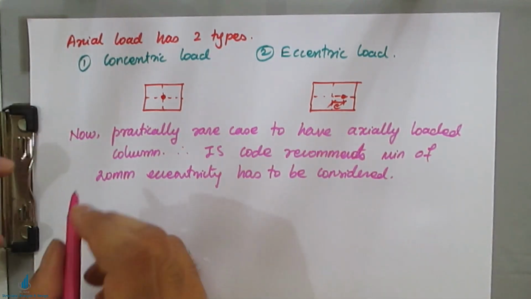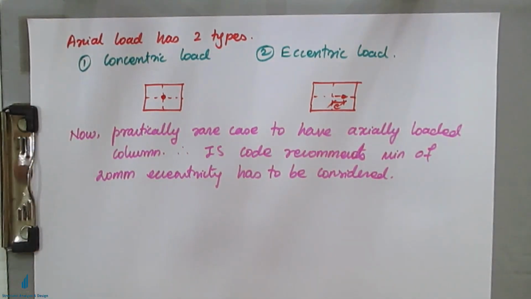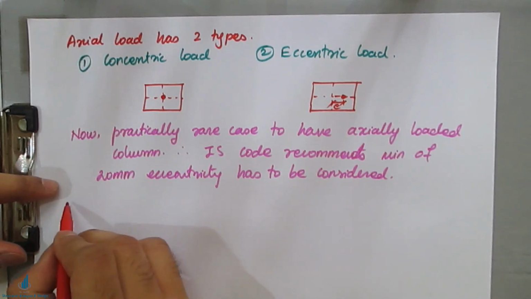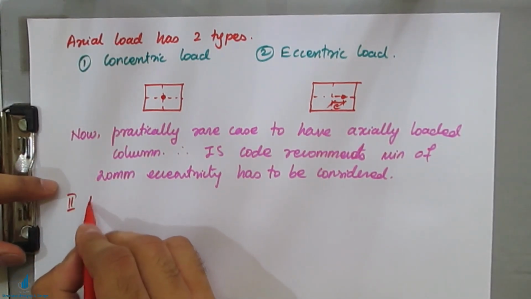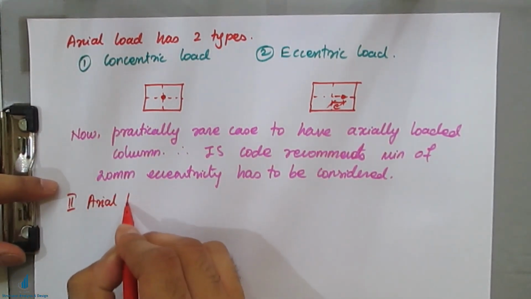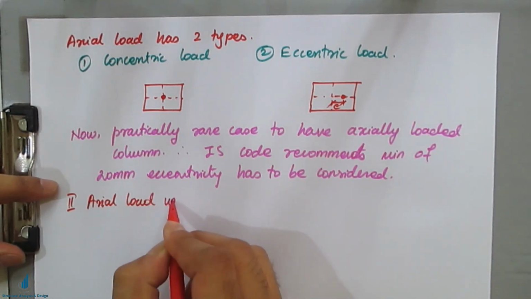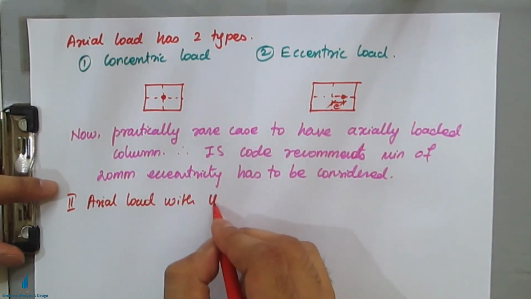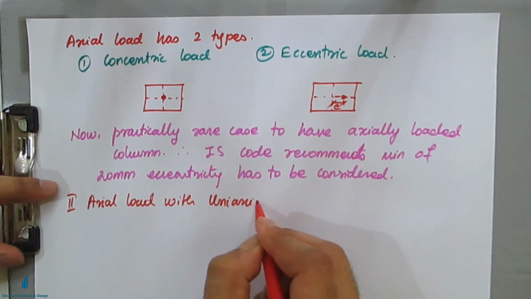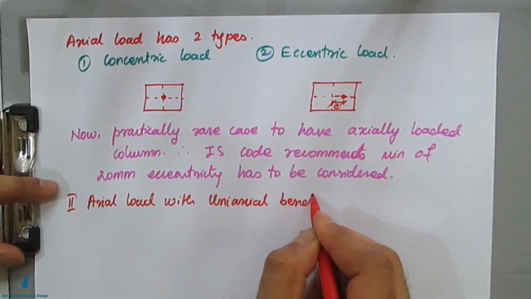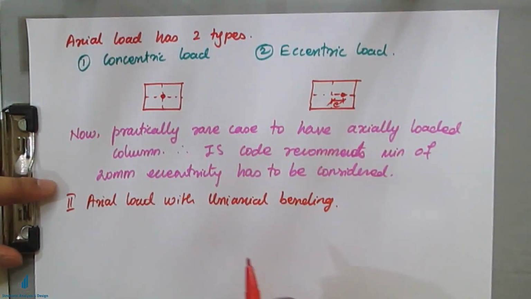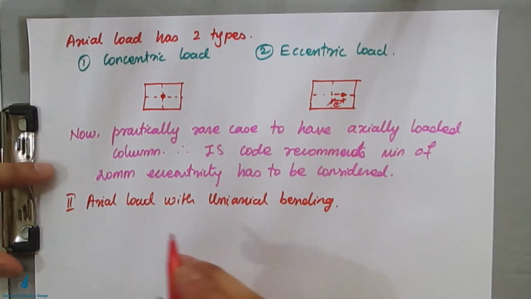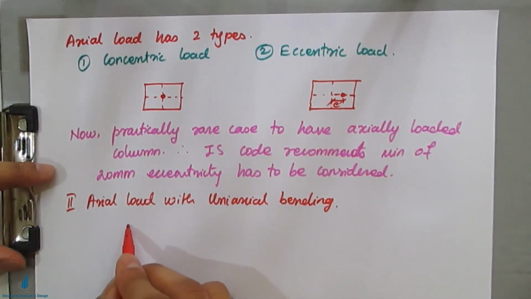So now the second part, axial load with uniaxial bending. So what is meant by this? Again I will take one section.